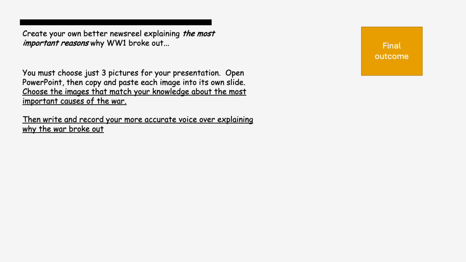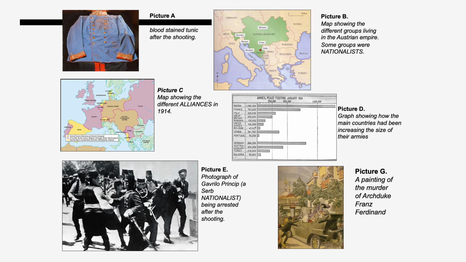Sometimes, if I had access to IT, I'd get them to make their own newsreel, and I would give them a number of images that they could use to make their newsreel and record their voiceover, but I only would allow them to use 3 images. So here are some of the images that I might ask them to use.